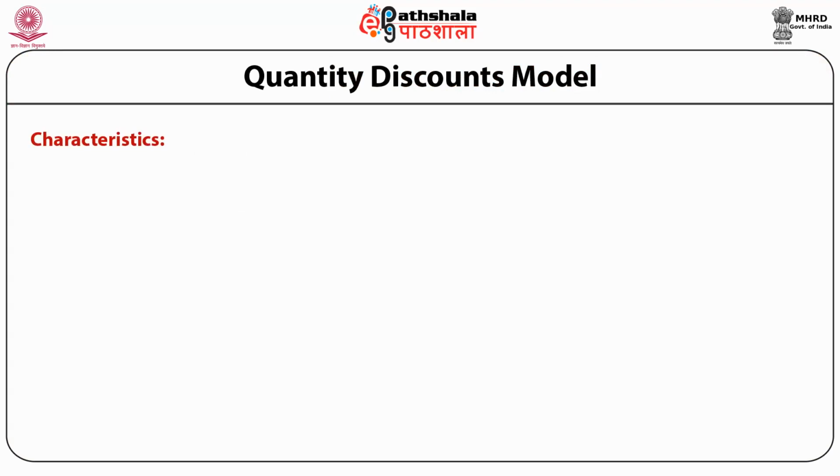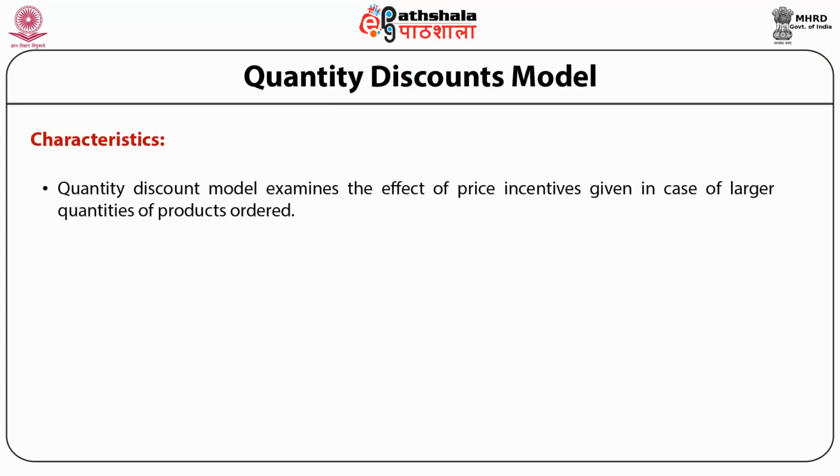Quantity discount model. Quantity discount model examines the effect of price incentives given in case of larger quantities of products ordered. Thus, in such model, only those problems are discussed where price fluctuates with regard to size of order. Larger the size of order, more would be the discount offered.